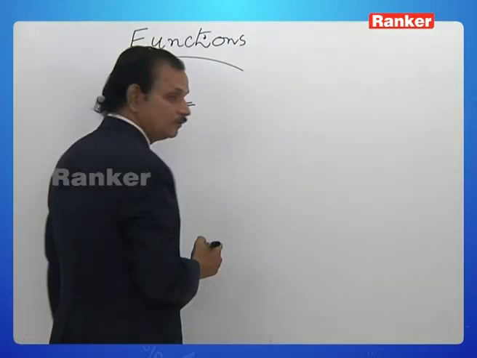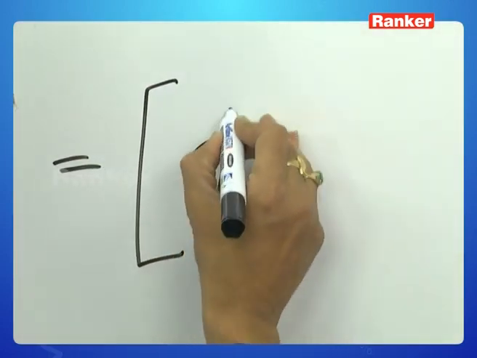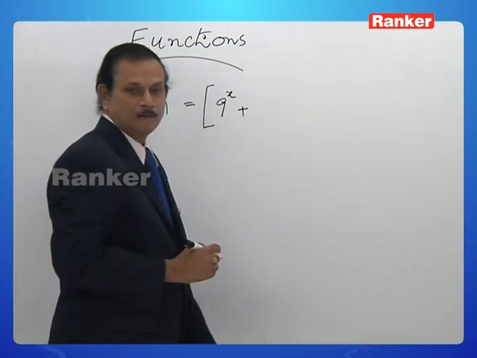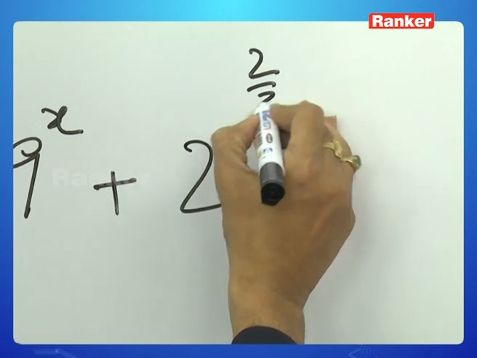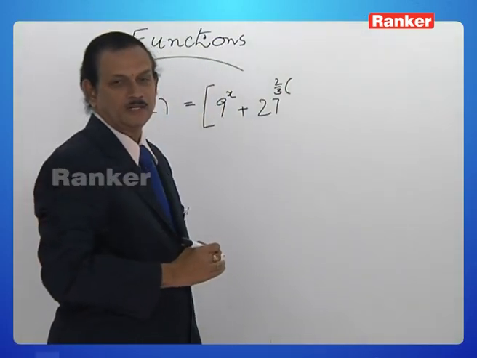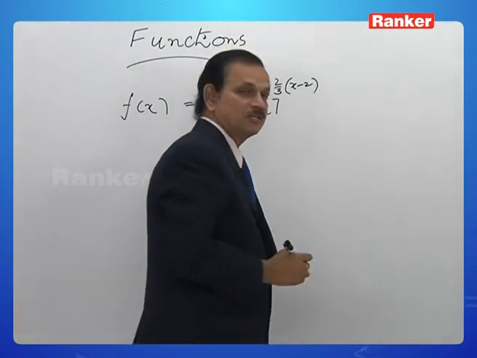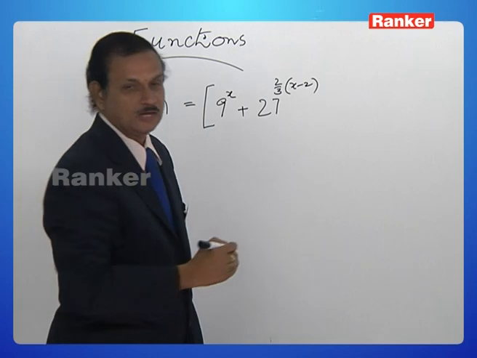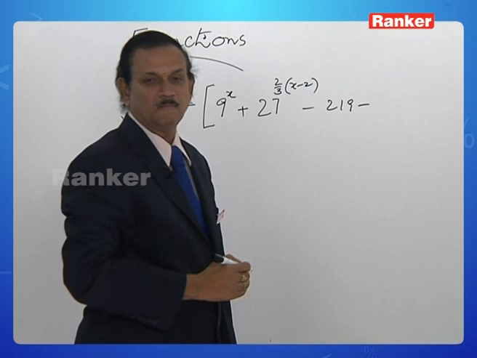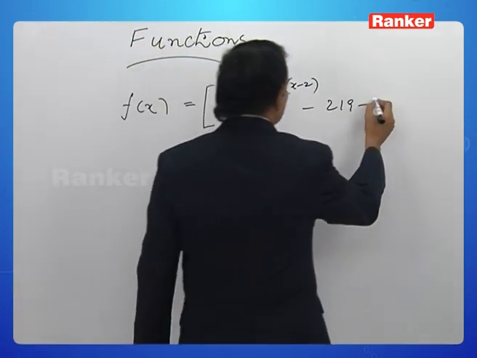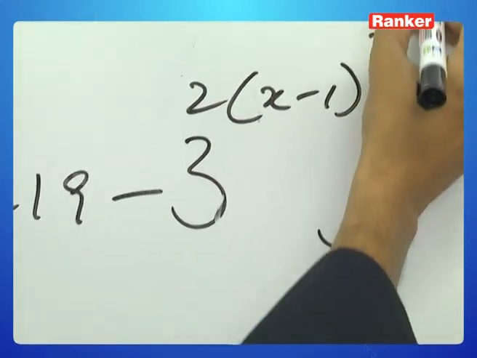This definition has a long appearance. F of x is equal to, what is that? 9 power x plus 27 power 2 by 3 into x minus 2 minus 219 minus 3 power 2 into x minus 1, whole to the power of 1 by 4.